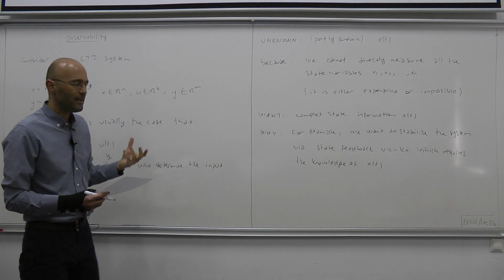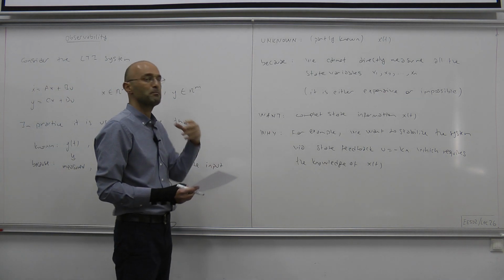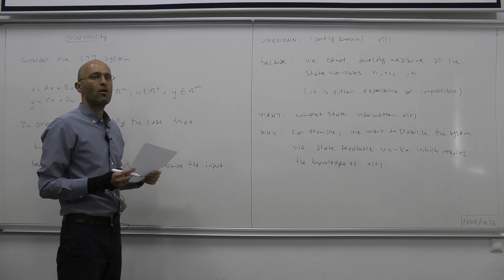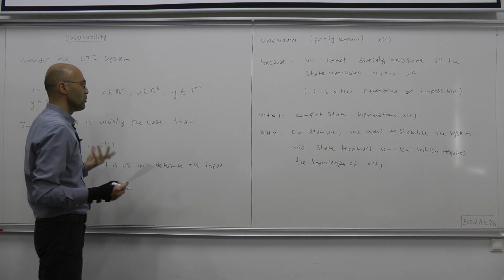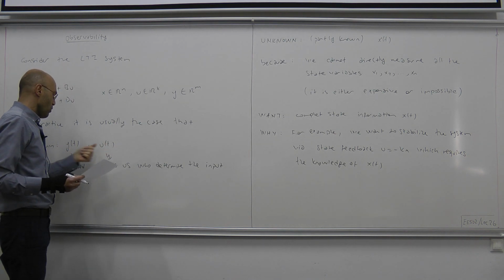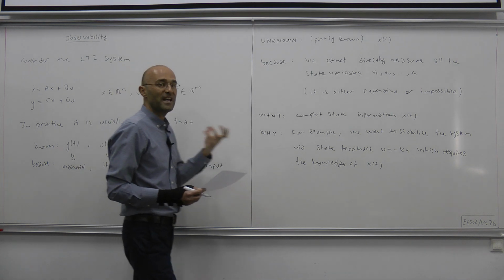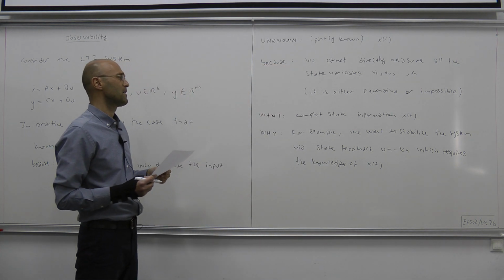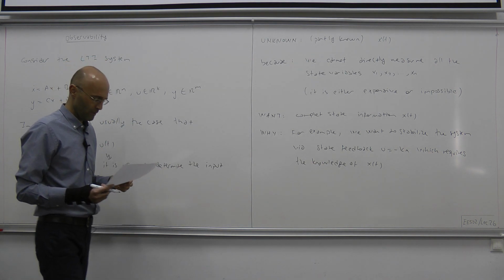If we can do that, that is, if by looking at y of t and u of t, we can determine precisely what x of t should be, then we call such systems observable, okay? Otherwise, no matter how long you look at y of t and u of t, if you cannot determine exactly what x of t could be, then such a system would be called unobservable.